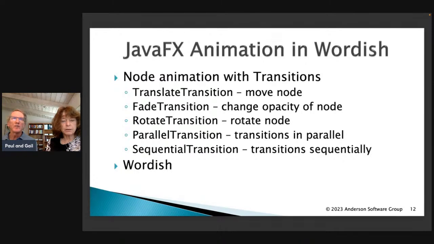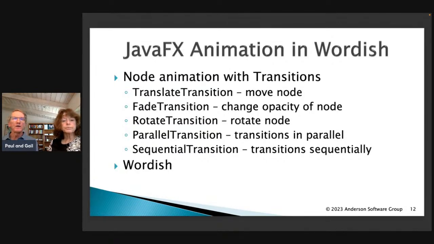But a very nice part of the library is the animation APIs, which are a higher level abstraction above the keyframes. They're really easy to use, really easy to set up, and very configurable. And animation is operating on the nodes in your scene graph, because JavaFX works with a scene graph.